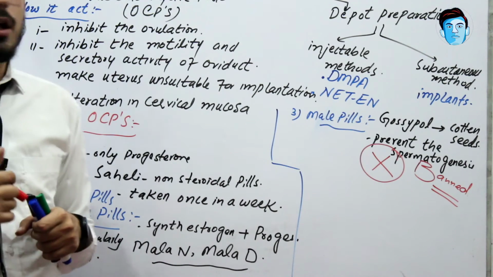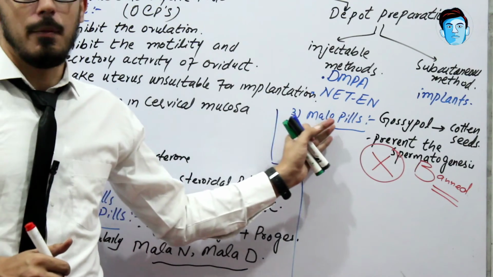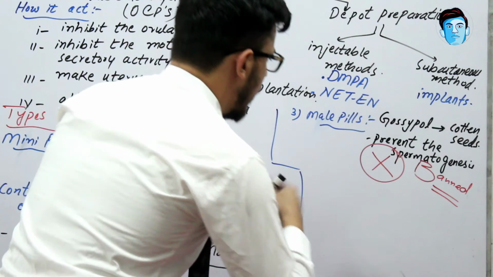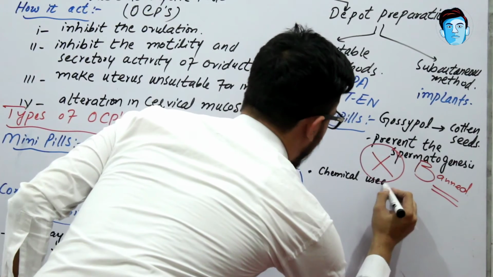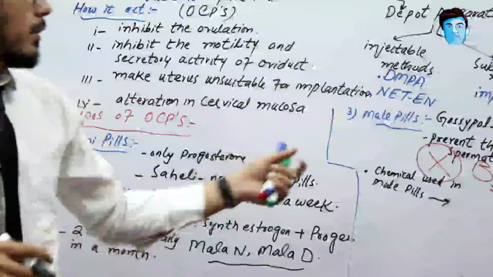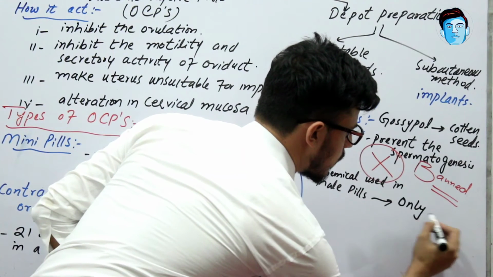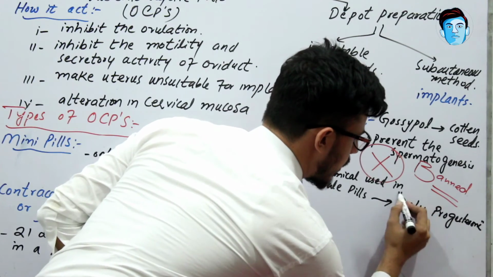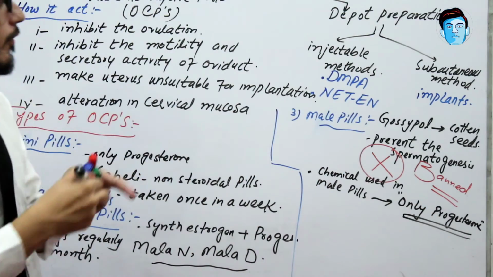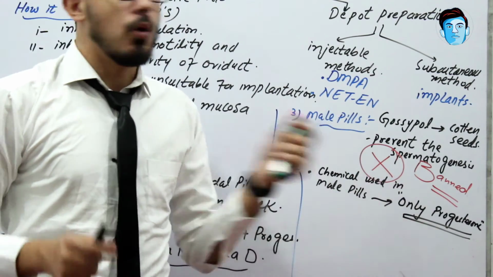Now another important question is, which chemical is used in the male pills? The chemical used in male pills is only progesterone. This is very important: if there is a question about which chemical is used in male pills, the answer will be only progesterone.